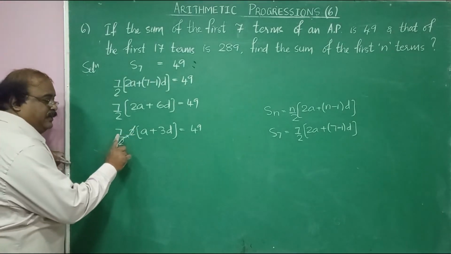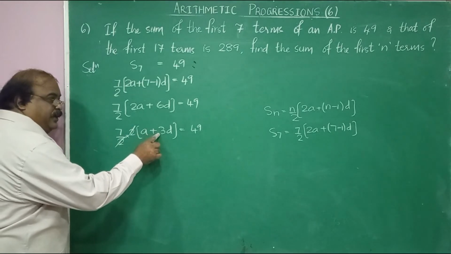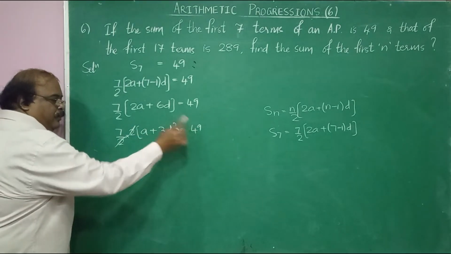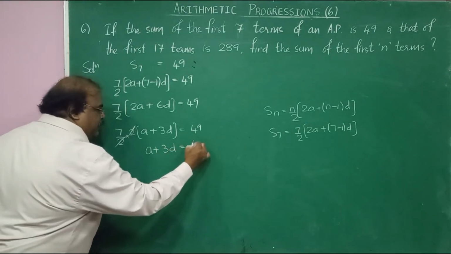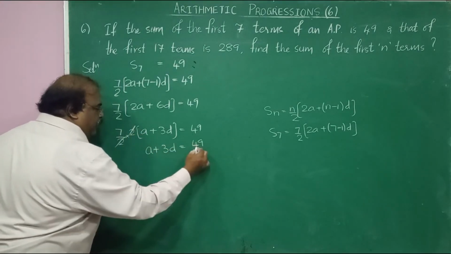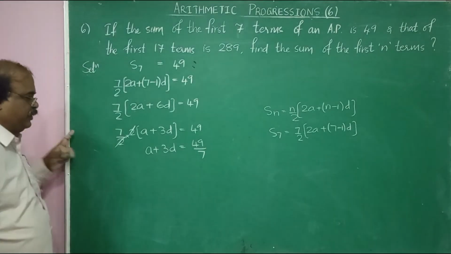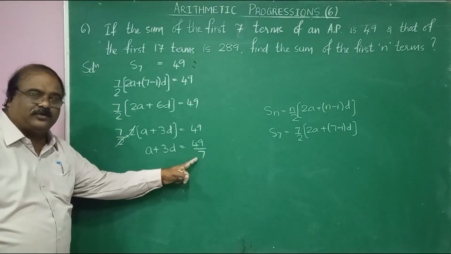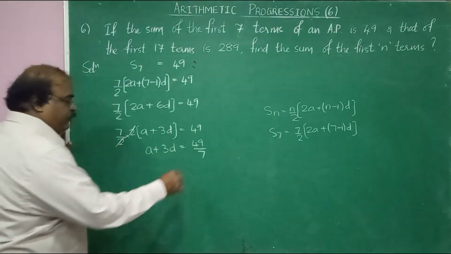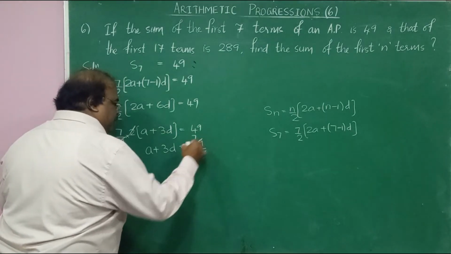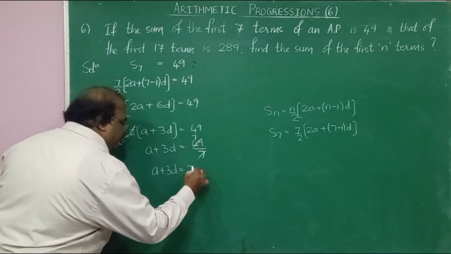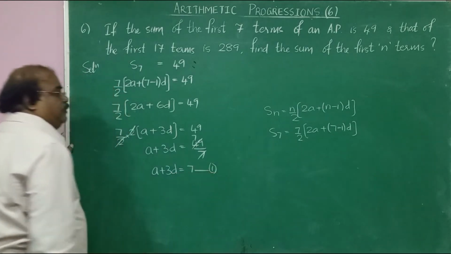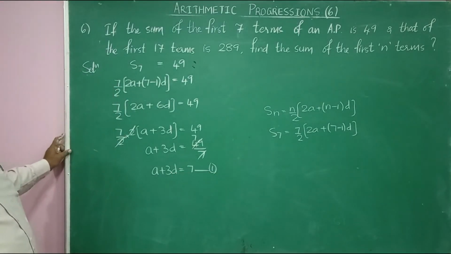So now I get 7 into bracket a plus 3d is 49. That 7 which was in the numerator going to the other side goes to the denominator. 49 upon 7 is 7. So you get a plus 3d is equal to 7. This was equation number 1.